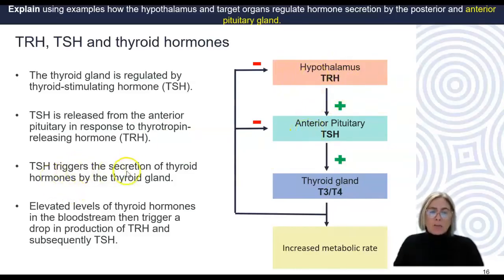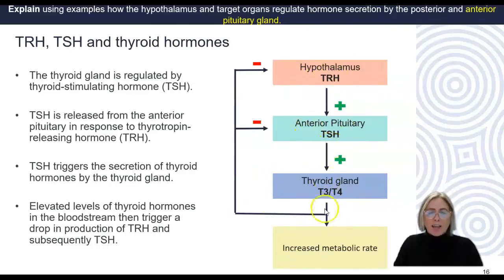Thyroid stimulating hormone triggers the secretion of thyroid hormones via the thyroid gland, and they then enter the bloodstream, and they travel to their target tissues, and one of their effects is to increase metabolic rate. And then elevated levels of thyroid hormones in the bloodstream trigger a drop in the TRH and also the TSH.